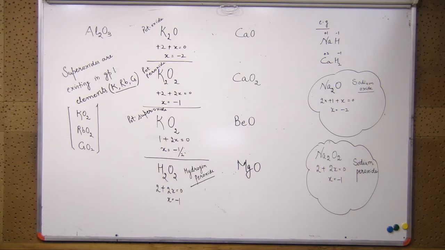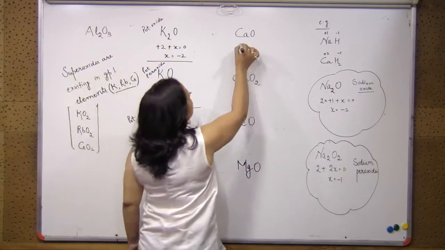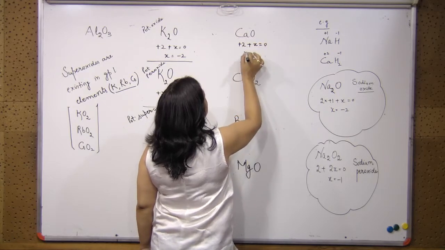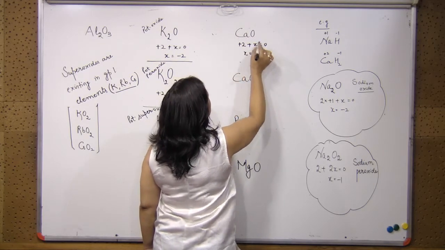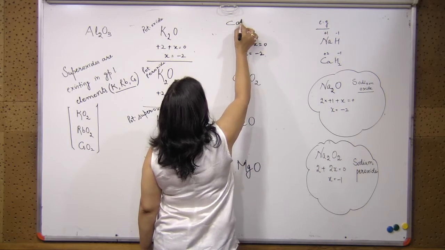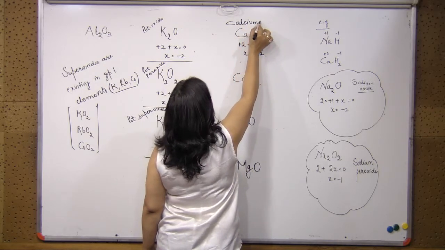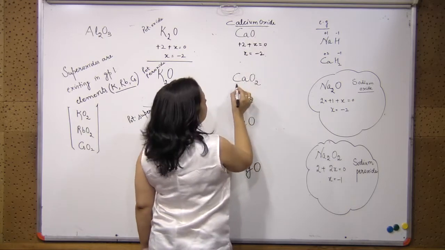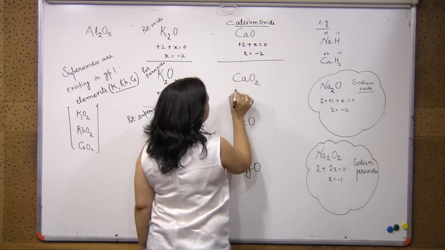Should we discuss? The calcium and oxygen. Calcium is plus 2, plus x is 0, x should be minus 2. It is calcium oxide. This is the next compound.